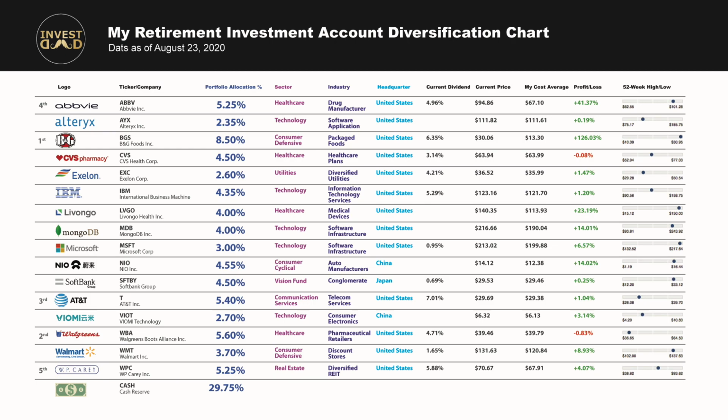Finally, we'll look at the headquarter column. Most of my holdings are headquartered in the United States. But to diversify my holdings a little bit away from the US, you can see that I have investments in NIO and Wanmi from China, plus SoftBank from Japan.